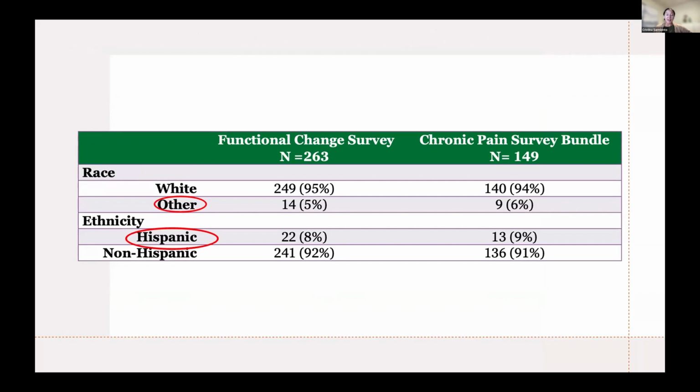And so this lack of diversity in the people that are providing information to the registry makes it so that the results and the things that we find and learn from the registry aren't necessarily generalizable to the whole population of adults with CP, because the demographics don't match. So we're not collecting data on a representative sample.